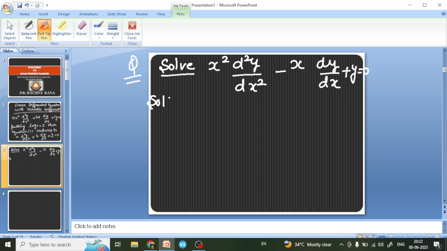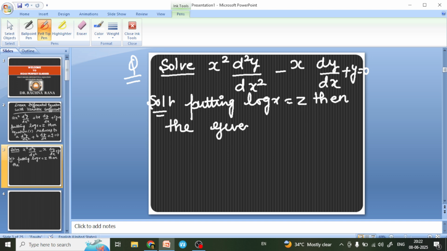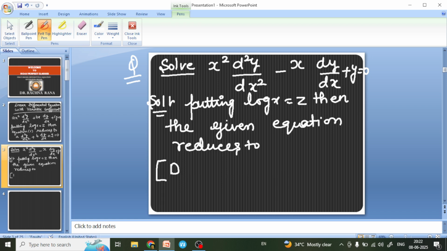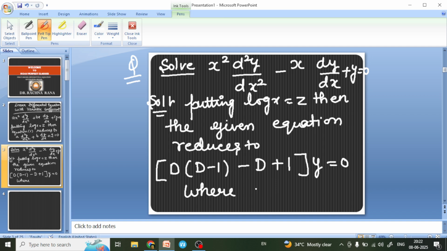First of all, putting log x equal to z, the given equation reduces to the square bracket D times D minus 1 minus D plus 1 bracket close y equal to 0, where D is equal to d over dz.